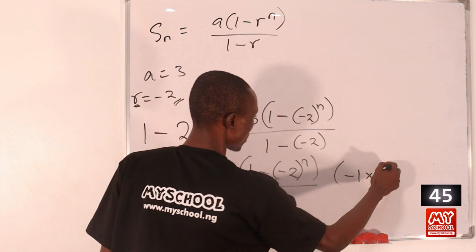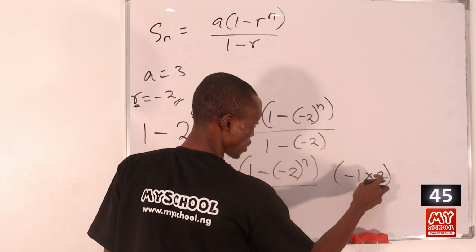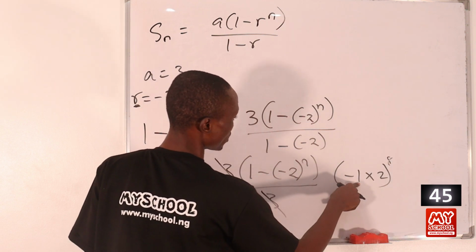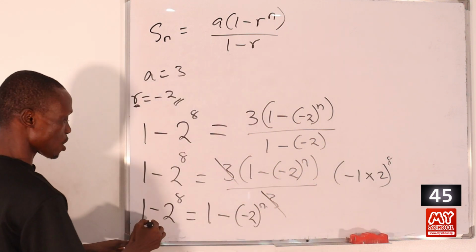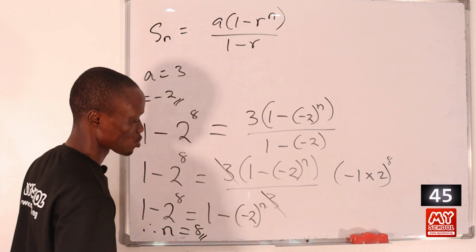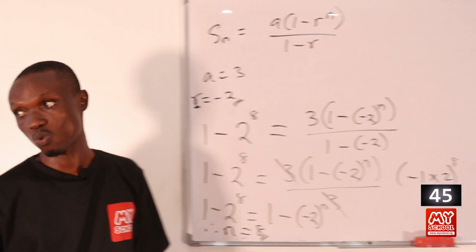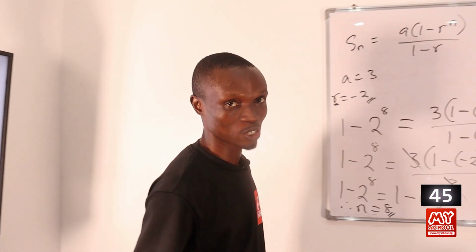So if I take the power of minus 1 times 2 to be equal to 8, of course this minus 1 is actually going to end up becoming a plus. So here we can conclude that our n is equals to 8. So let's return back to the screen to pick the correct answer to this question, and that is option D, 8.